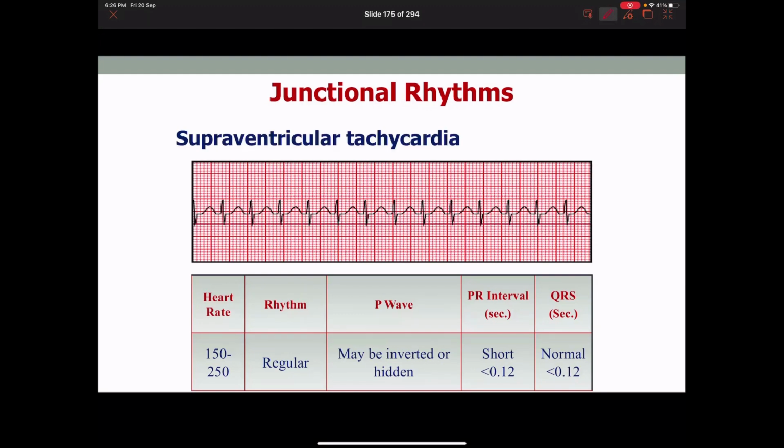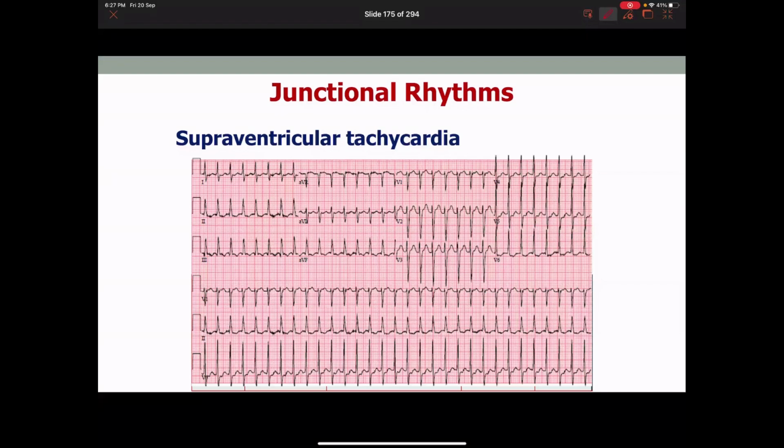Okay, why? Because the heart rate is 150 and above, and also there is no P wave at all. Exactly, exactly. It's the same one we talked about in the beginning. No P wave, more than 150, supraventricular tachycardia. Same thing here, okay?